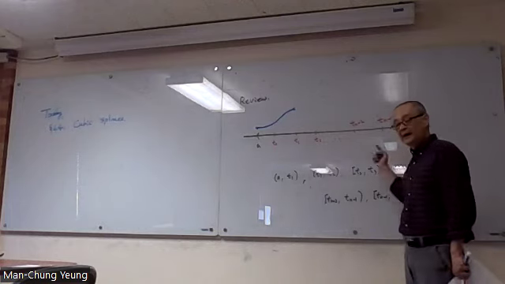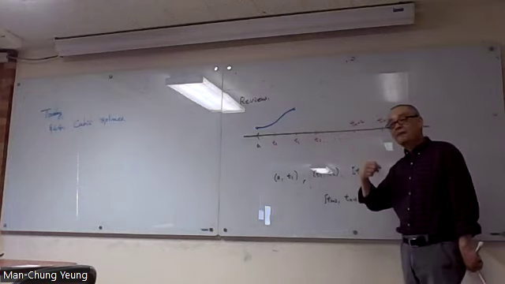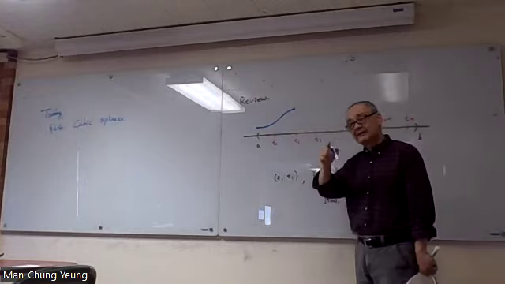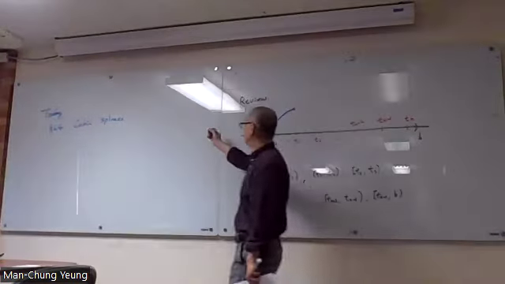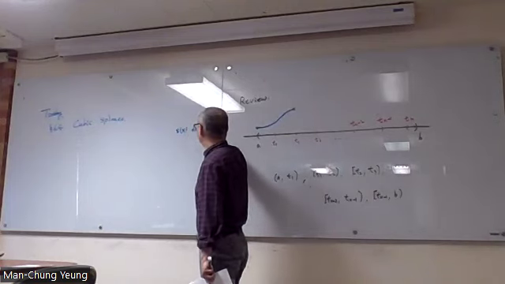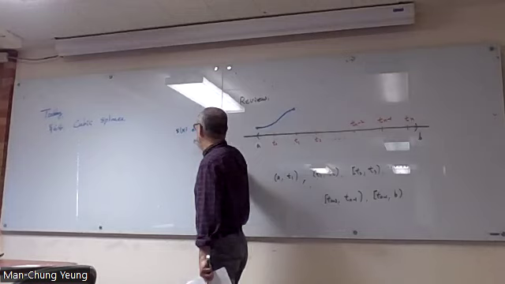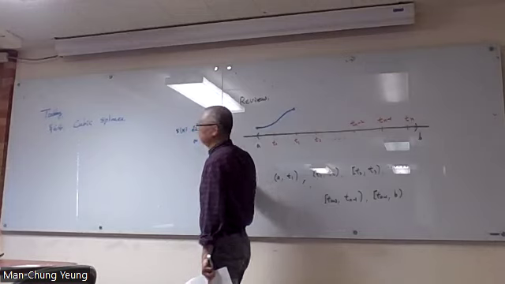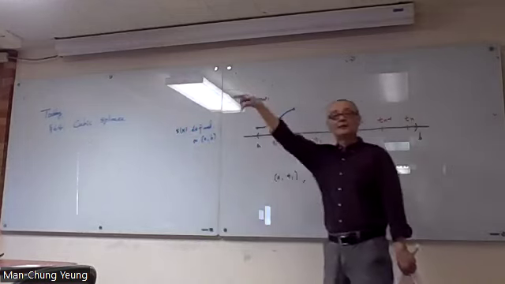From A to B, the notation for the spline function is S. From A to B, the whole function is S.